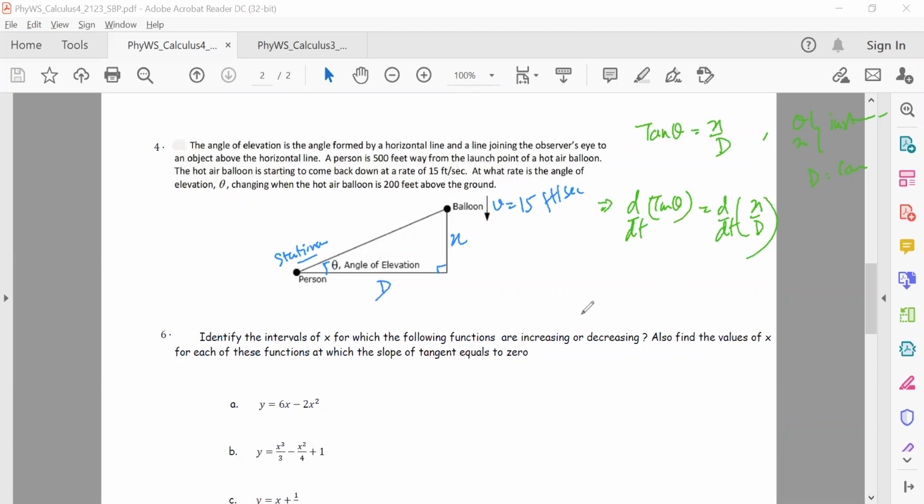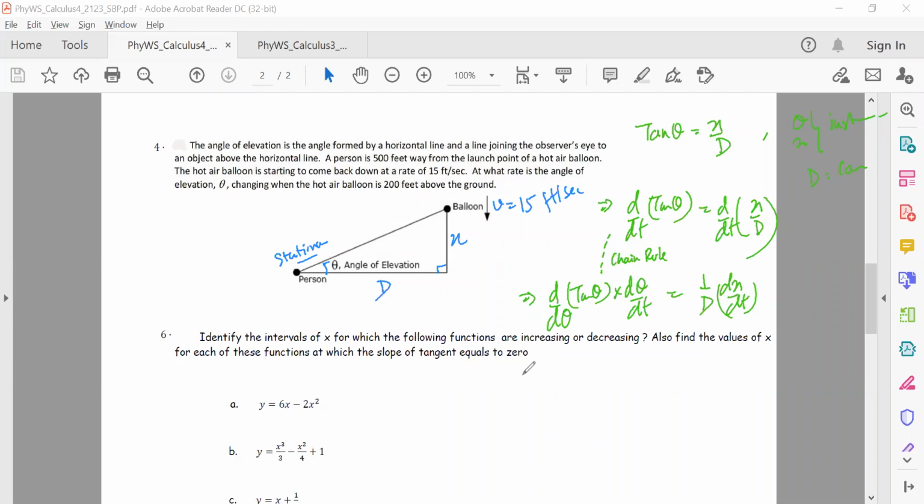On the left hand side, we have to use the chain rule now. So differentiation of tan theta with respect to theta into d theta by dt. So this step here is the chain rule. Right hand side, we don't need to use the chain rule because capital D is a constant. So it's directly dx by dt.